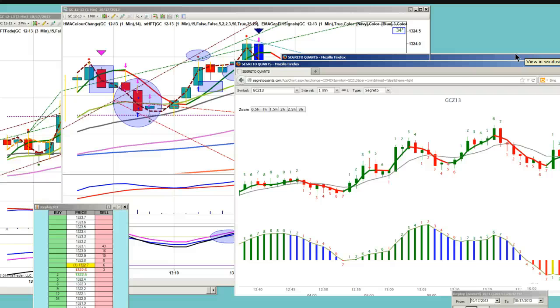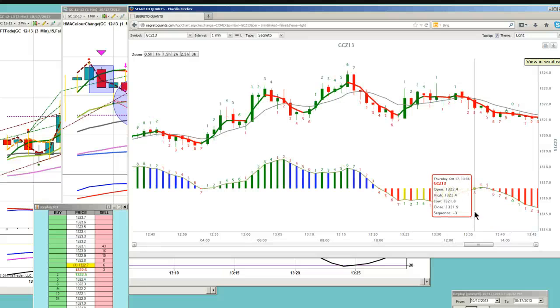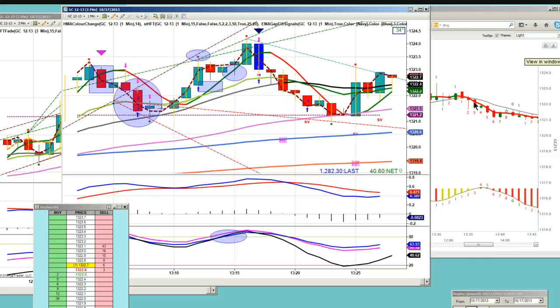If we look at 1325 on our Segredo chart, okay, notice, where are we here? What time was this? Oh, 1315.